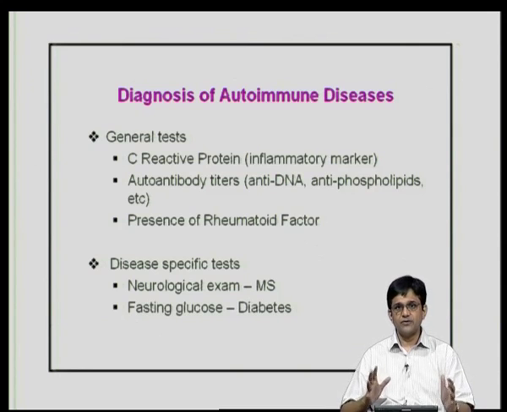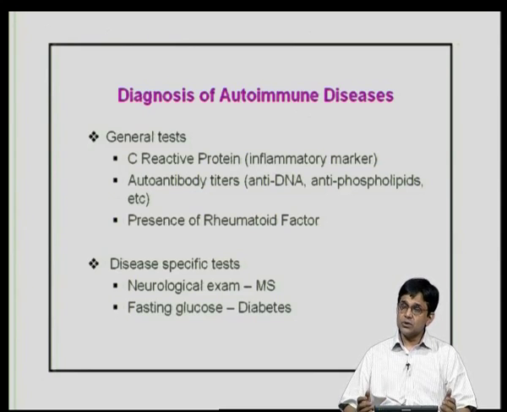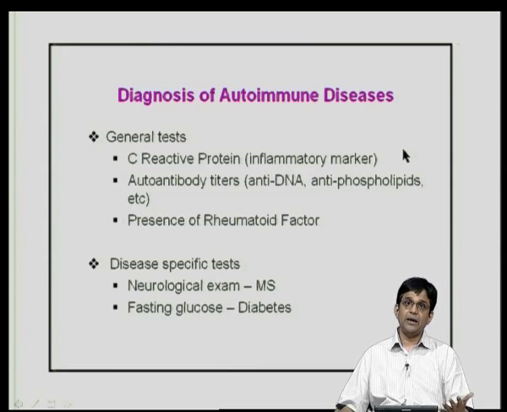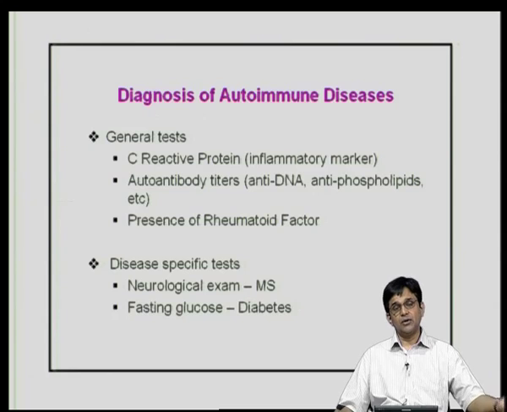So, you have these different ELISAs that can be done. You also have specific ones. For example, neurological examination will tell us whether there are lesions in the brain, especially with respect to multiple sclerosis. In case of diabetes, fasting glucose is one of the easiest ways by which it can be determined. Remember, diabetes is a major problem in India. With the increasing population, increasing numbers are coming down with diabetes.